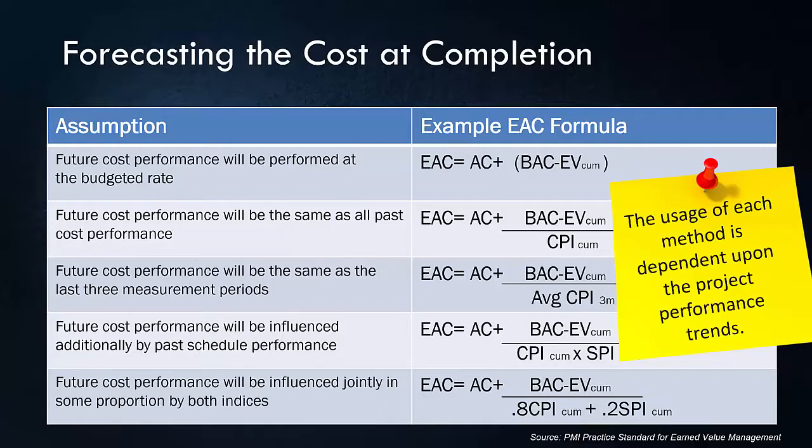So if you draw your CPI curve or SPI curve, how you are performing so far in your project, you have to do some trend analysis to make sure that you come up with the right projection for your performance in the next reporting cycle. For example, if you can predict that my future performance would be the same as the past performance, then it would be safe to use the second one here that I just showed you. And this is something that most of us use blindly without any consideration.